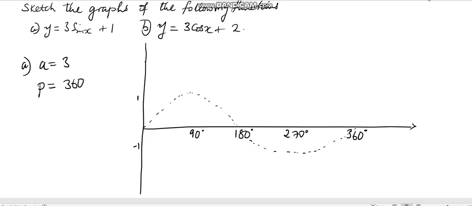So now if you look at what you have here, we're saying this is the graph of a function y equal to sine x like this.